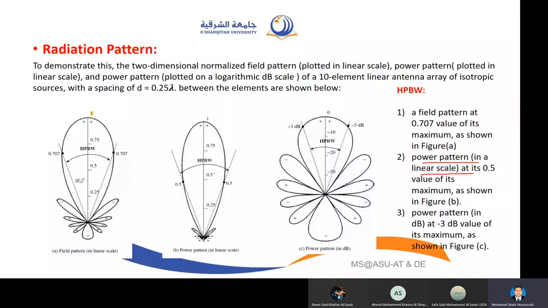If it is a field pattern, an amplitude pattern, the magnitude of the electrical signal, then it will be 0.707. If it is a normal power pattern in linear scale, it will be 0.5. If it is in logarithm, it will be minus 3 dB. Okay. So please focus during the class.